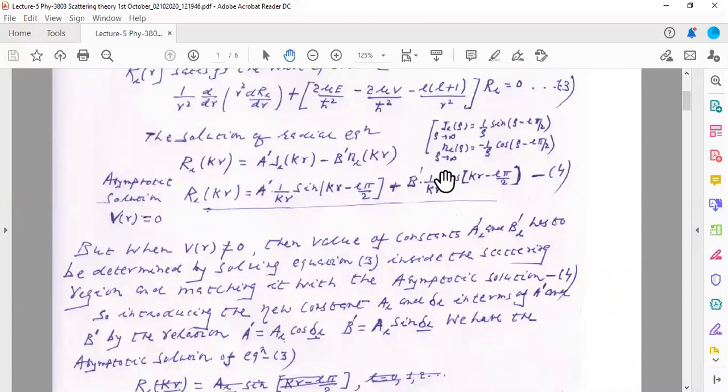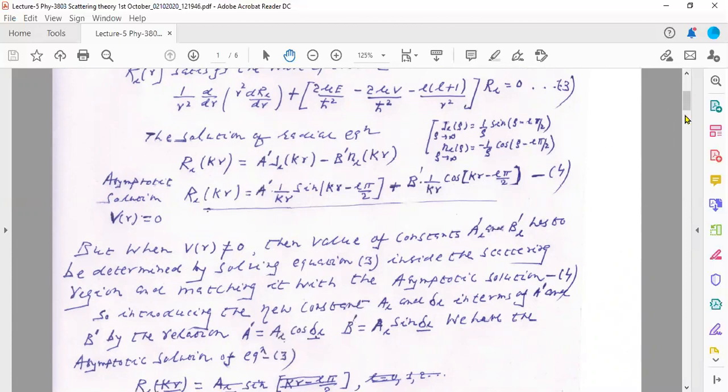We have to set b dash equal to 0 because the Neumann function is infinite. So we allow only this part, RL of kr equal to a dash, and instead of a dash we have to write down the new constant AL.